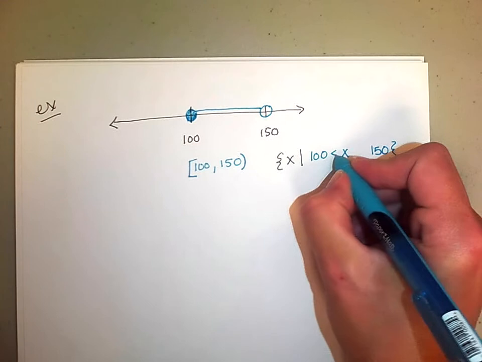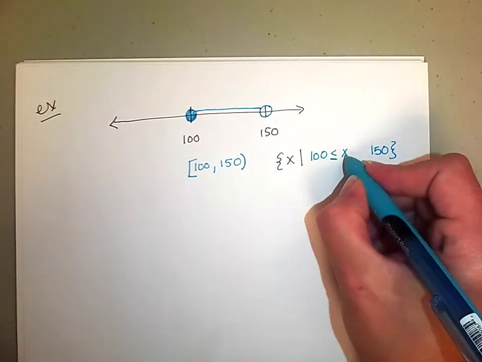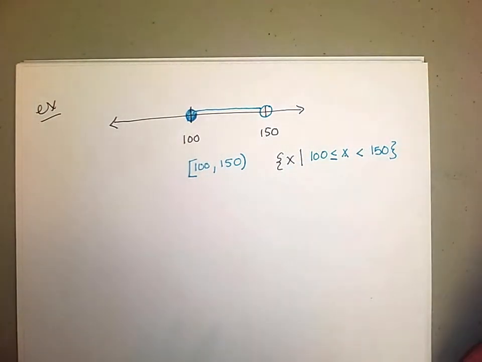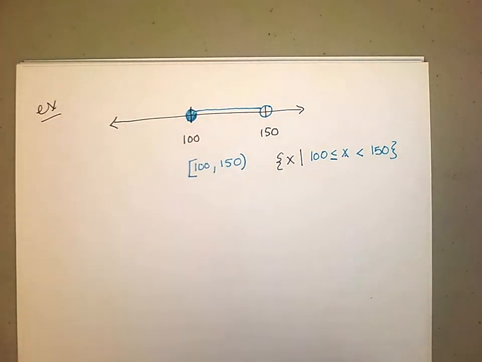So x can be greater than or equal to 100, and x is less than 150. Okay, so that's how you represent sets of numbers, 3 different ways. Remember to refer to page 205. There's a lot of other examples in there if you need help.